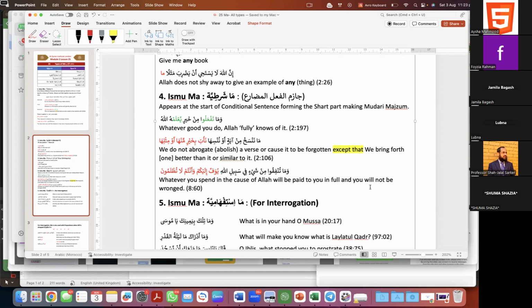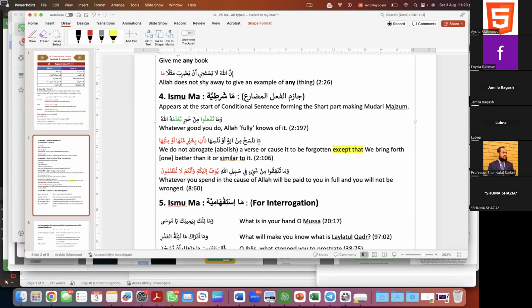Try. Ma nansakh min ayatin aw nunsiha nati bikhayrin minha aw mithliha. So, we do not abrogate any verse, or cause it to be forgotten, except that we bring forth something better than it or similar to it.